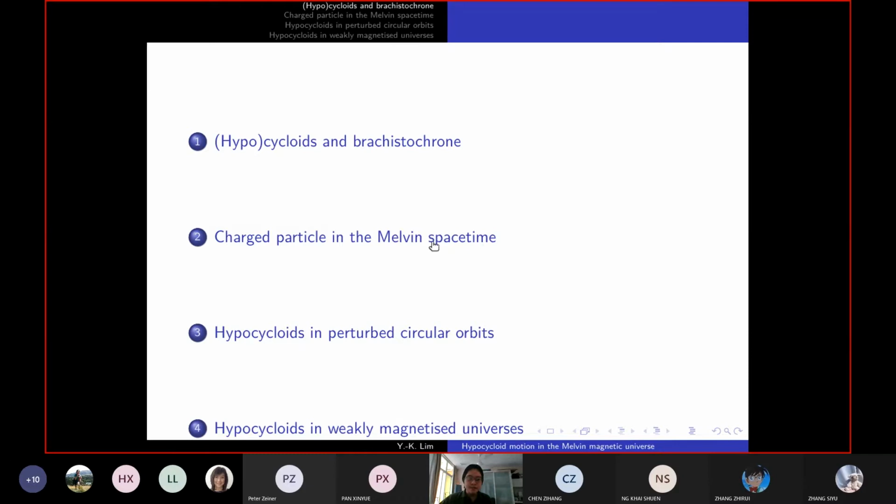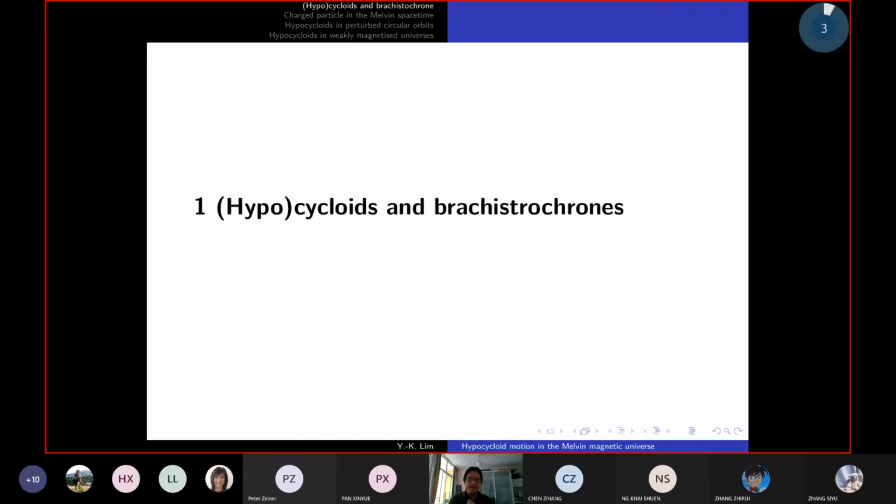In the second part, I will explain what I mean when I say the Melvin space-time or the Melvin magnetic universe, and in particular, this project is about studying the motion of charged particles in the Melvin universe. The result that we found is that hypocycloids occur in 2 situations: perturbed circular orbits and the weak field regime. These are the last 2 parts. Yeah, so let's get started.